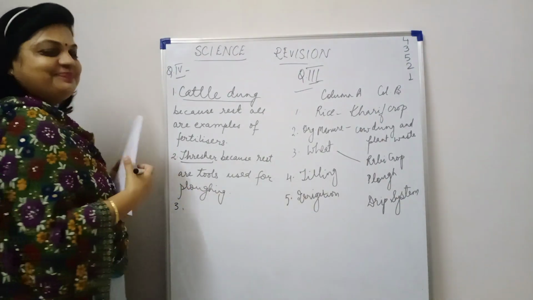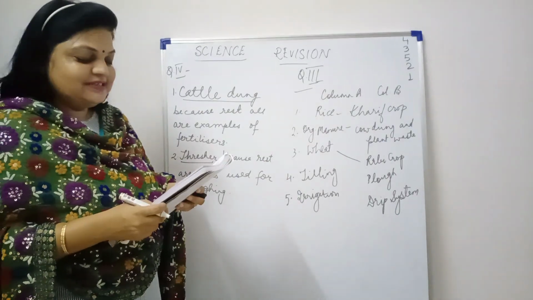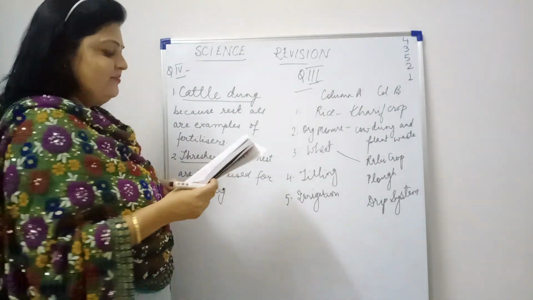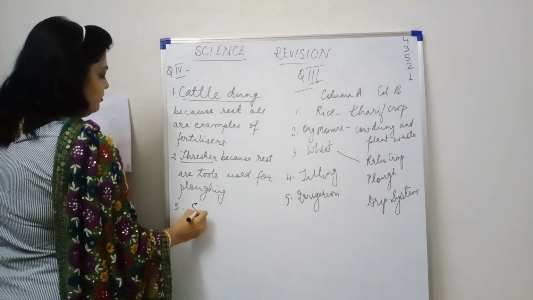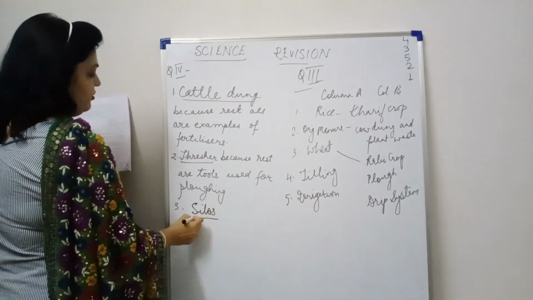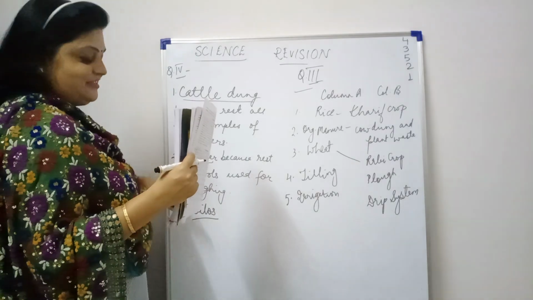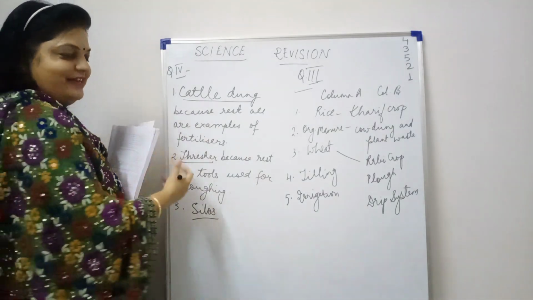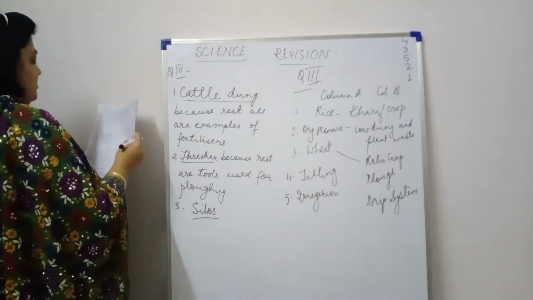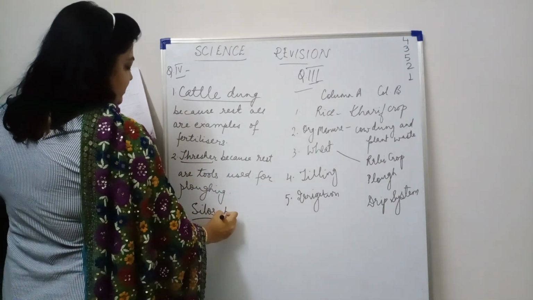Question number 3. Sickle, combine, silos and thresher. Which one is odd one out? It's silos. I hope you remember. It's the term which was used with the topic storage. Large scale storage of food grain is done in silos. So, let's write the reason.